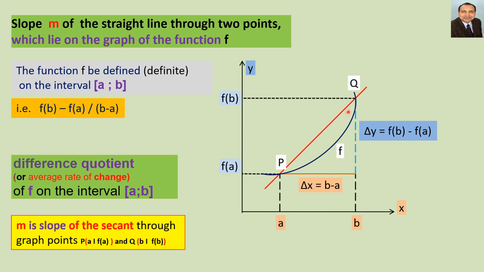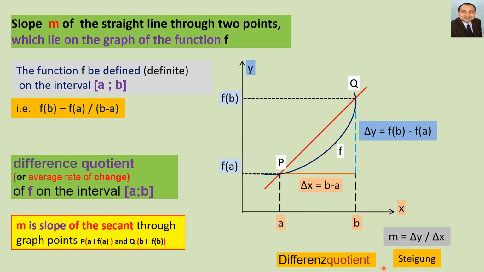This is the red line through the graph points P and Q, which shows the inclination or elevation of the slope of the line. m is delta y over delta x, the average rate of change, which is the inclination of the elevated surface.